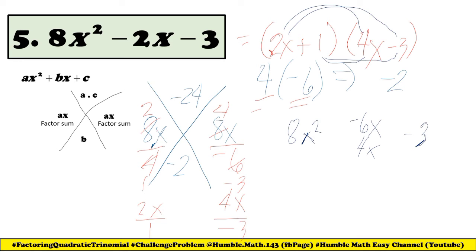So in this manner, the product is 8x squared minus 2x, because it has unlike signs here. Then copy minus 3. So we could now claim that the factor of 8x squared minus 2x minus 3 is equal to 2x plus 1 times the quantity of 4x minus 3.